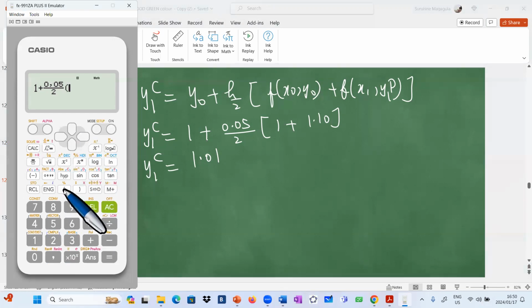You have here 1 plus 1.10, and then you close, and then the result. Now you need to press the SD button. Where is that? Because I see the fractions now.